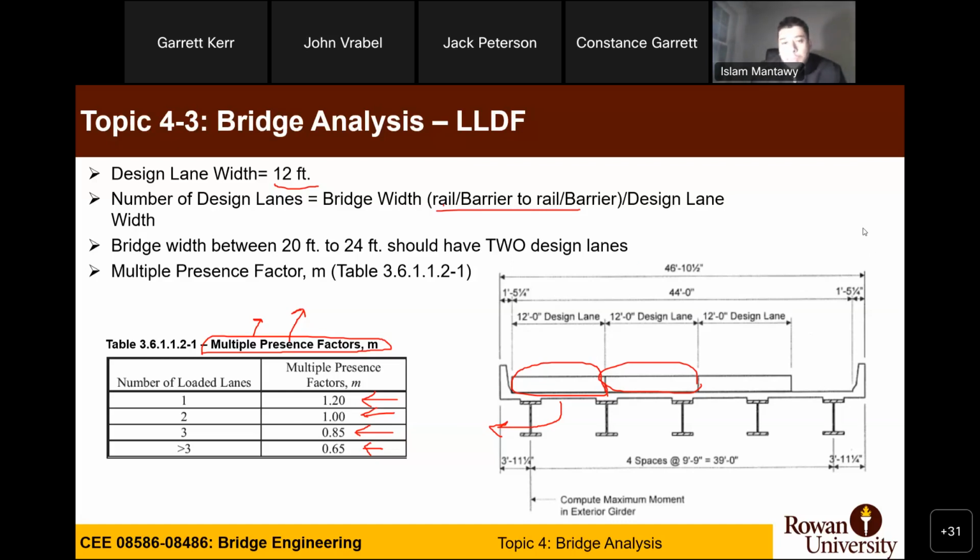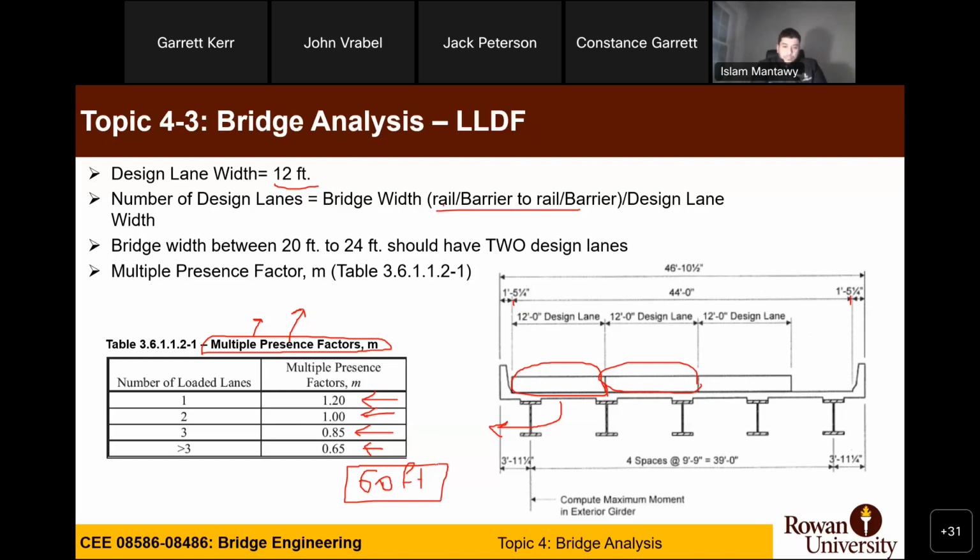Sorry for misspelling. If I ask you a question, if I give you 60 feet width of driveway, which is from barrier to barrier, how many design lanes will I have on this bridge?